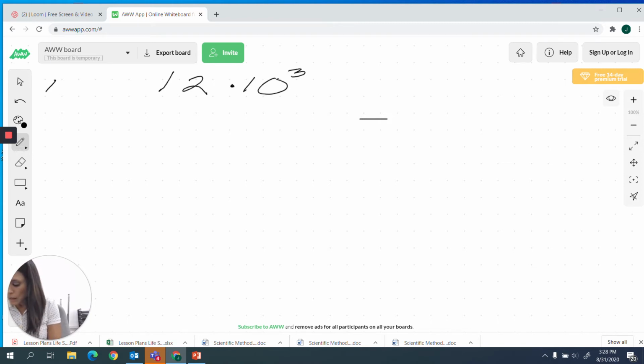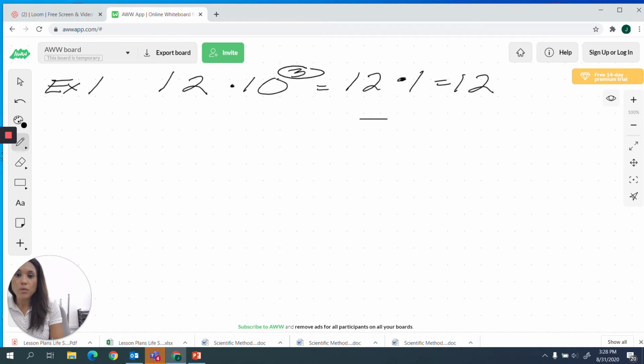This is example 1 in your book. So basically what we're doing is 12 times 1 equals 12, and then we're going to add 3 zeros. 1, 2, 3, for an answer of 12,000. Ooh, that is really messy. Sorry about that. I'll try to write better next time.